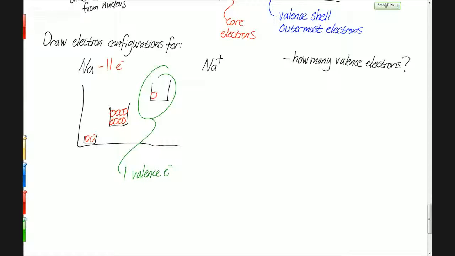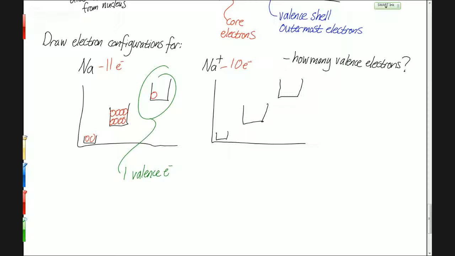This is what your configuration looks like for a neutral sodium atom. 11 electrons, 1 in the outermost level, so 1 valence electron. All right. A sodium ion then is going to be a little different in that it has 10 electrons.